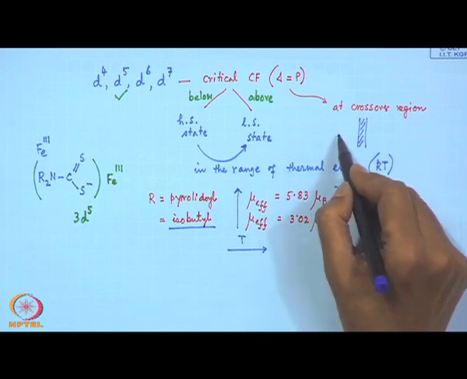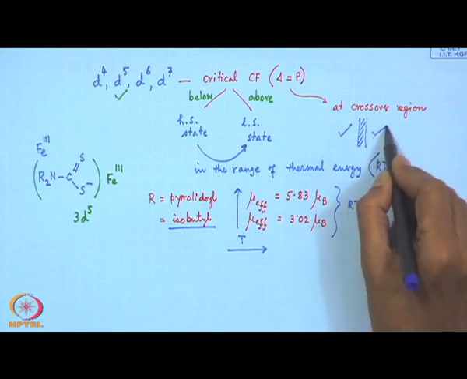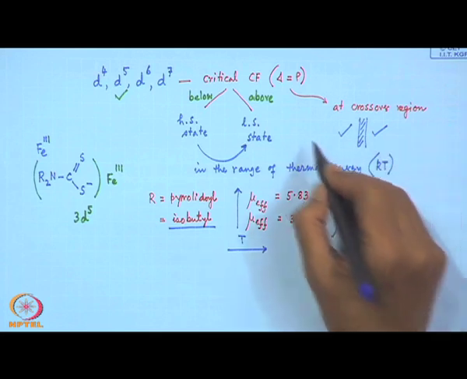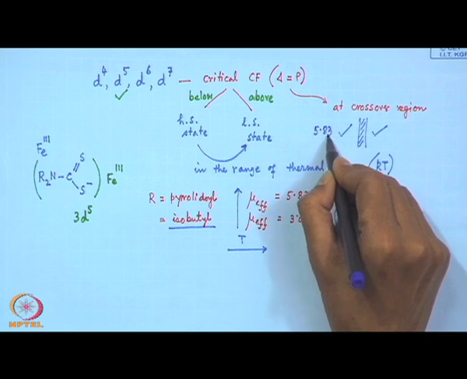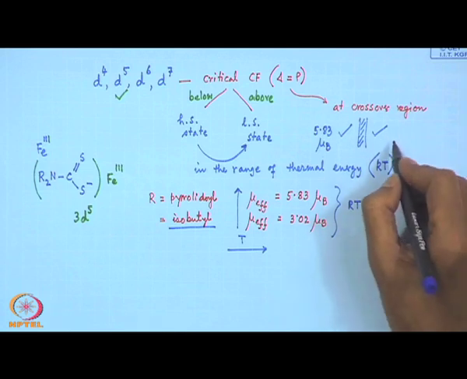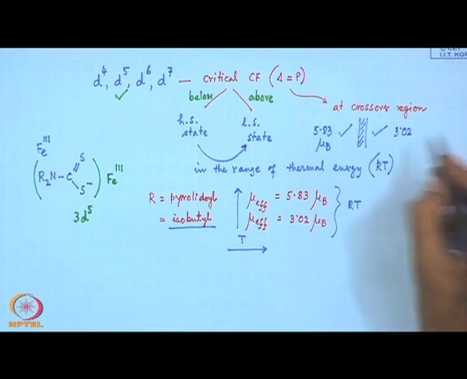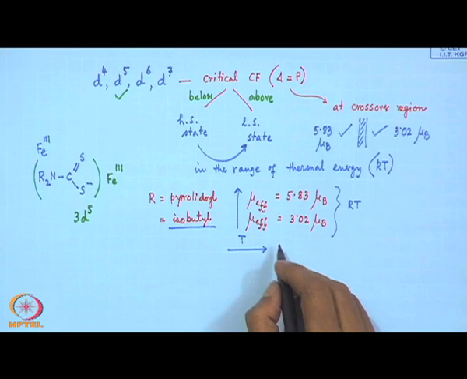The high spin, this 5.83 Bohr magneton, will be on the left hand side, being of low energy, and the 3.02, the low spin one, will be on the right hand side. So, if we increase the temperature, the magnetic moment increases.